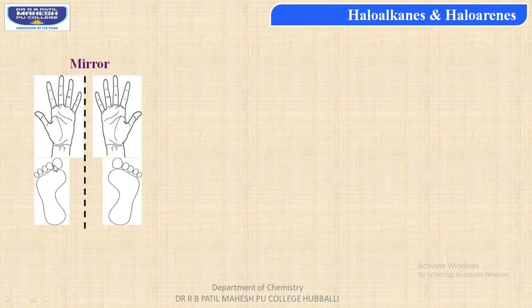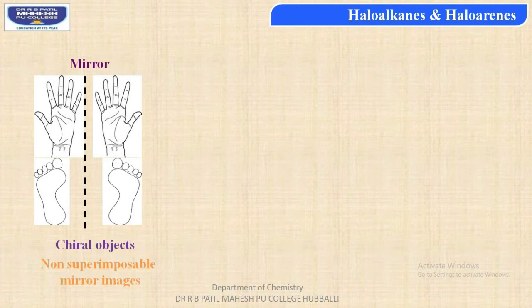The mirror image of our left foot is obtained on the right side, so you can't place this on the original foot. That is, they are not superimposable on one another. Thus, it forms a chiral object. When the mirror images are not superimposable on one another, then they are called chiral objects.